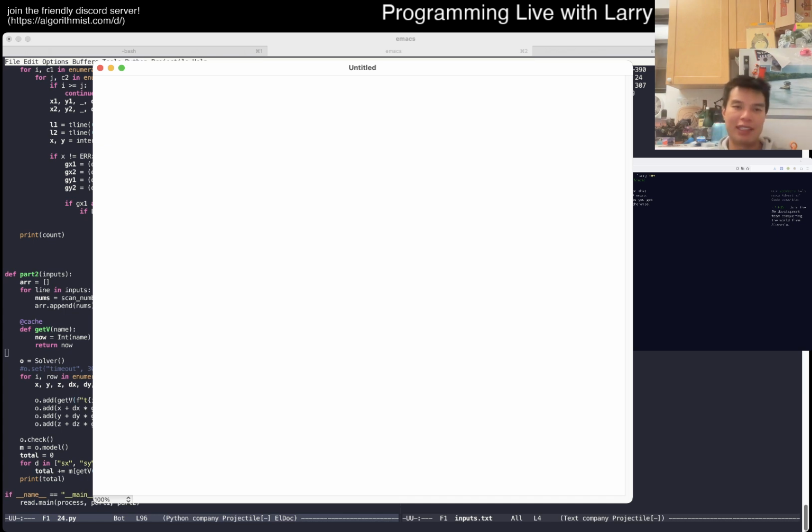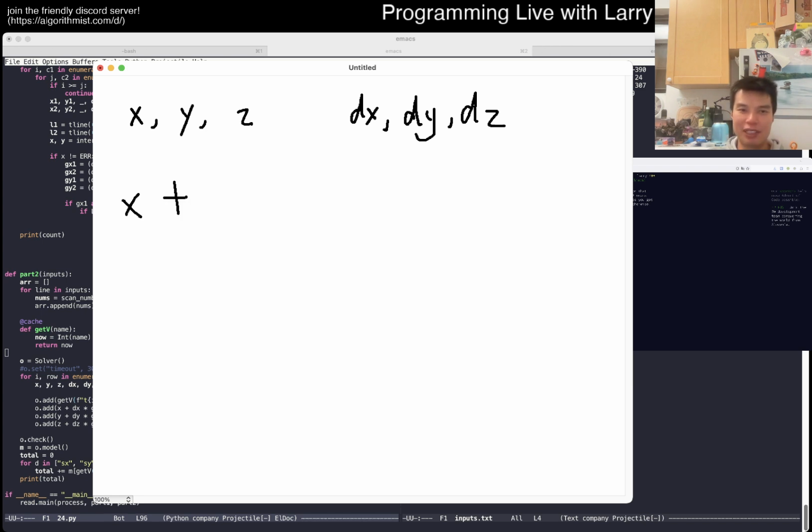But basically the idea is that, okay, for the first asteroid, you have some x, y, z, and then some dx, dy, dz for speed, right? So that means that for some function of time, and this is for every asteroid, its position for any given time is going to be this.